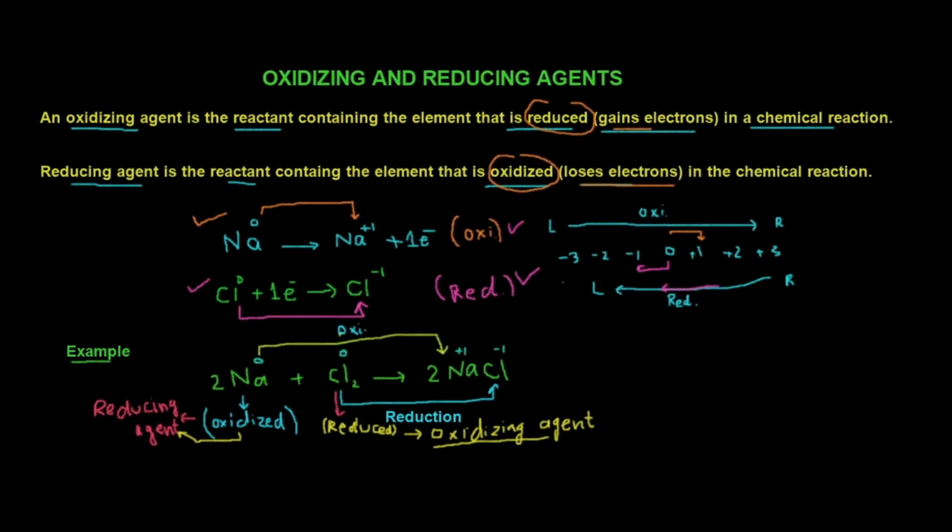So it means that the oxidizing agent is a substance that causes oxidation by accepting electrons, while a reducing agent is a substance that causes reduction by losing electrons. The simplest way to think of this is that the oxidizing agent is a substance that is reduced, while the reducing agent is a substance that is oxidized.